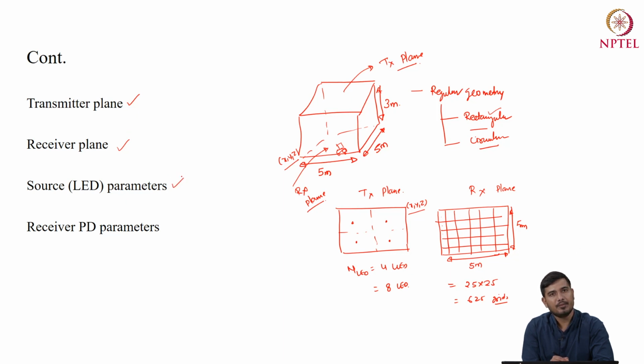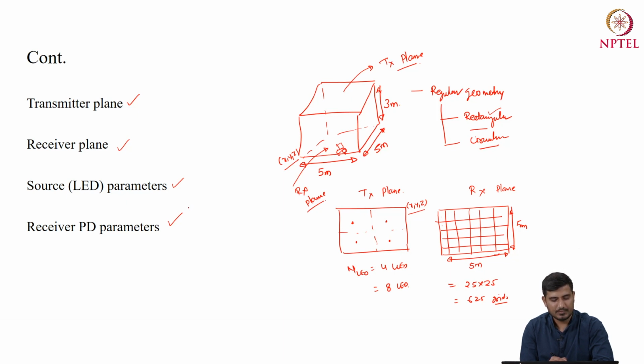and then one by one we are going to show what are the source, or you can say the LED parameters, and the receiver PD parameter that we need to give. Like in case of LED, there will be a transmit power, LED semi-angle, and the Lambert order of it. Similarly for the PD, what is the responsivity and what is the field of view of the receiver.